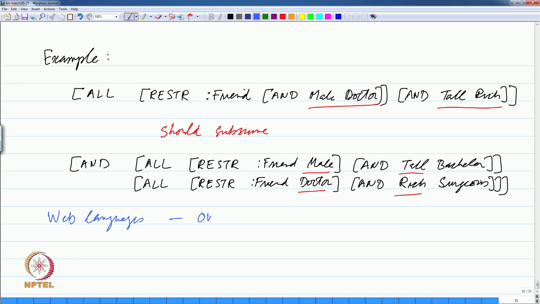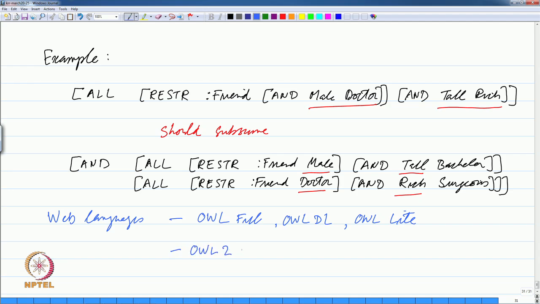So, we have a language called OWL. You must have heard, OWL is an acronym for Web Ontology Language. So, we have OWL Full, we have OWL DL, where DL stands for description logic. We have OWL Lite, and more modern standards are coming out.